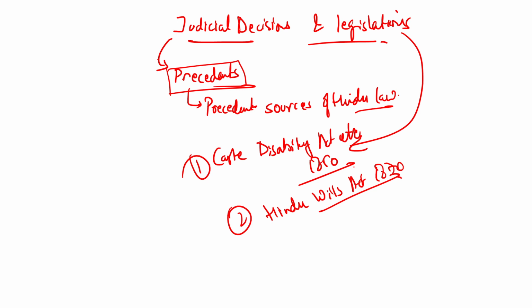But what we have tried to understand is that all those sources started from the Shrutis, and then got refined, and after a certain period of time, certain legislation started being created.